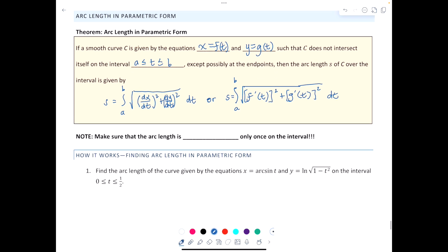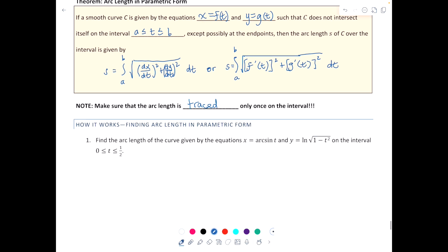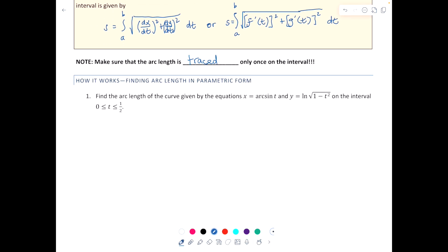Now make sure that the arc length is traced only once on the interval. So find the arc length of the curve given by the equations x equals arcsine of t and y equals natural log of the square root of quantity 1 minus t squared on the interval from 0 to 1/2 inclusive.